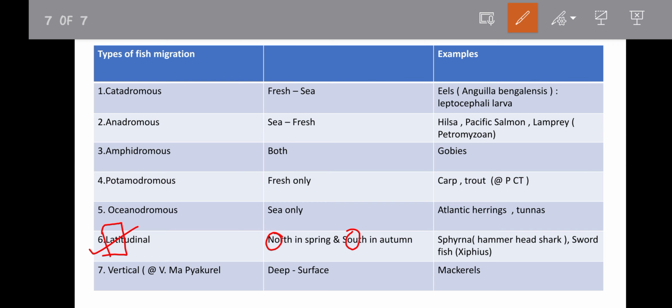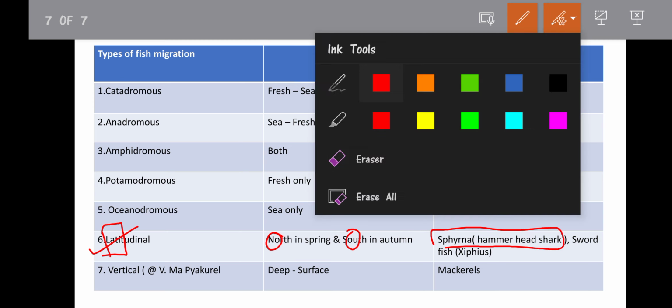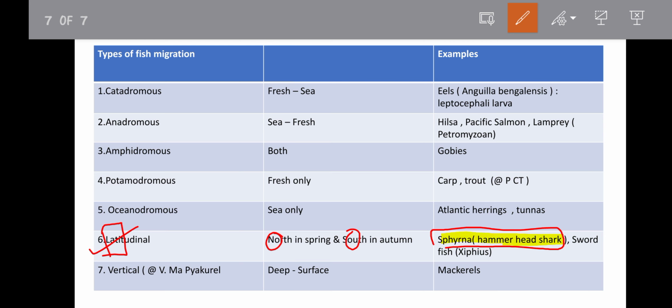Sorry. In spring they go to the north and in autumn they go to the south. Two famous examples are Sphyrna, that is the hammerhead shark, which you have probably heard of or seen, and one important one, the swordfish, Xiphias, is latitudinal. Remember this. Latitudinal goes north in spring and south in autumn. Two famous examples are Sphyrna and swordfish, that is Xiphias.